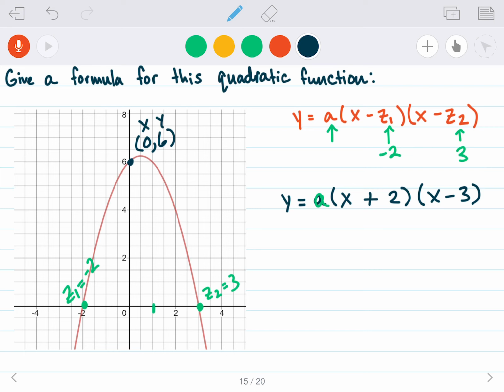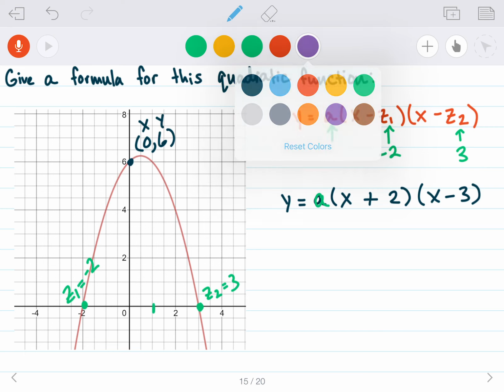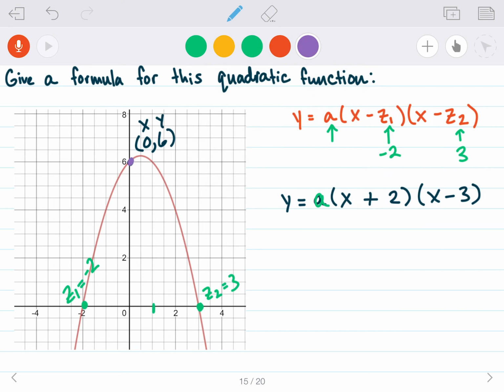So if I sub in, and maybe I'll do this in a different color, how about purple? If I sub in x is 0, y is 6, and it has to be the corresponding y to an x value. You know what I mean? I can't just say, oh, well, y is 6, but look, x is 2 here. No. It has to be the x that corresponds with a given y, right?